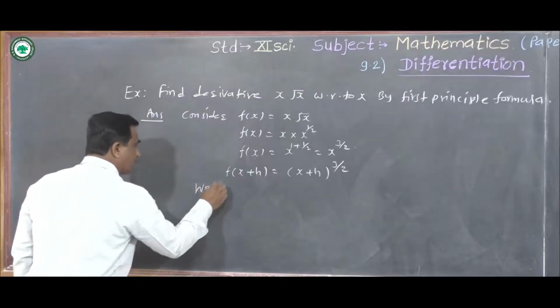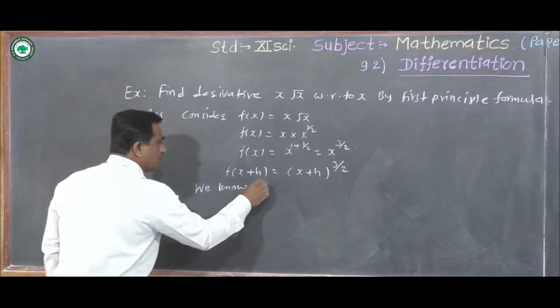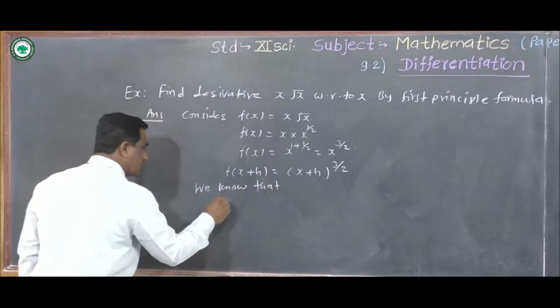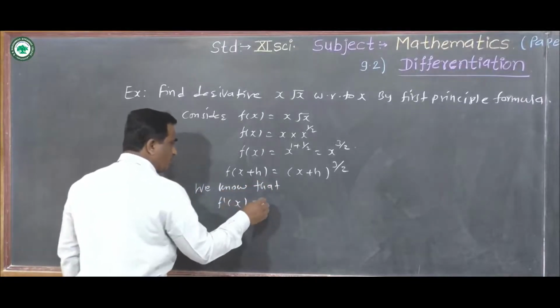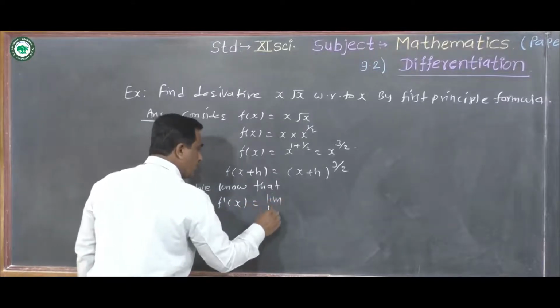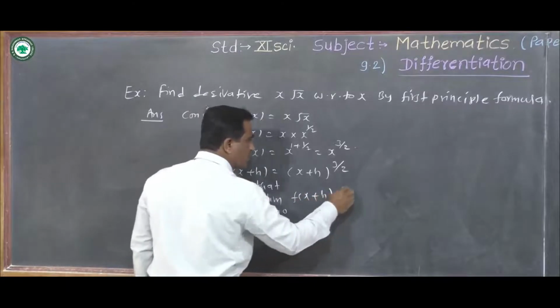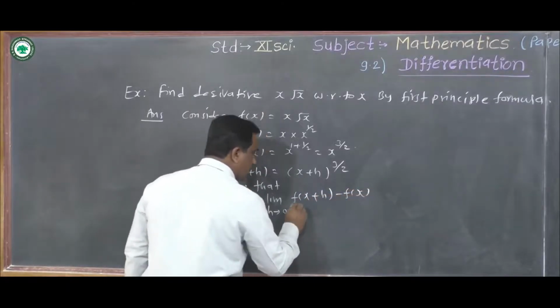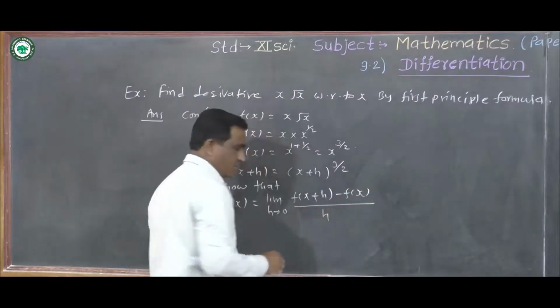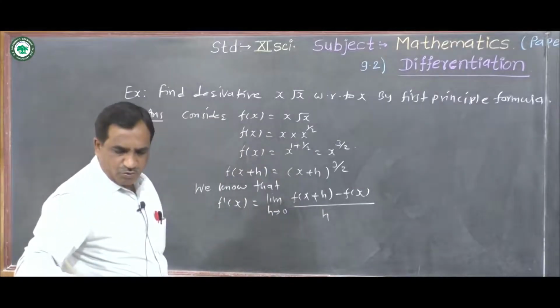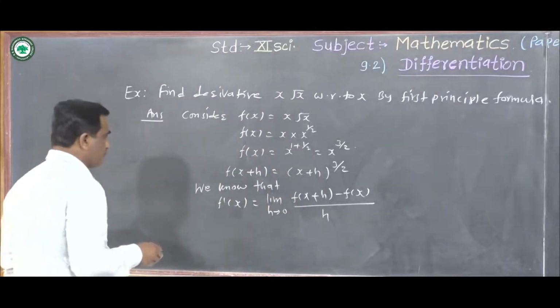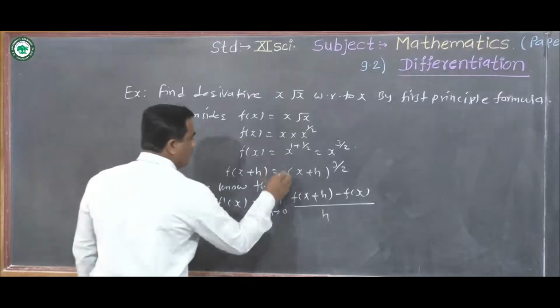We know that f dash of x is equal to limit h tends to 0 f of x plus h minus f of x upon h. Now put values of f of x plus h and f of x here.